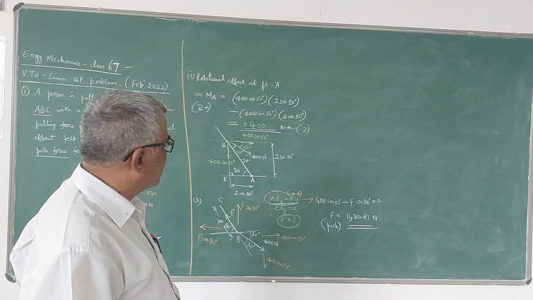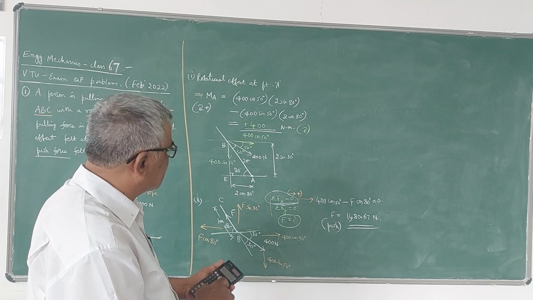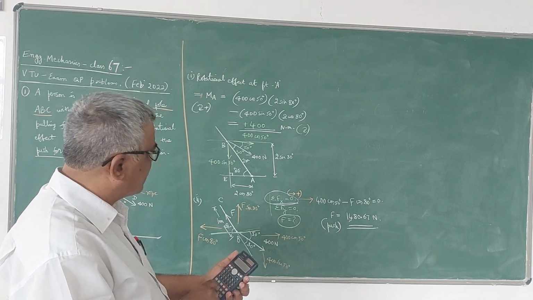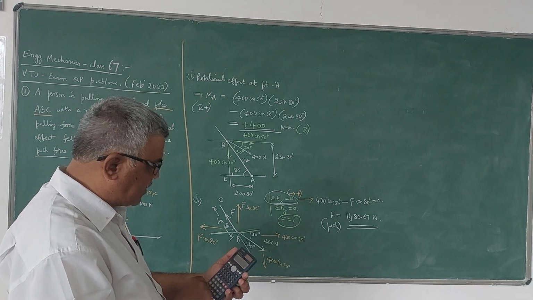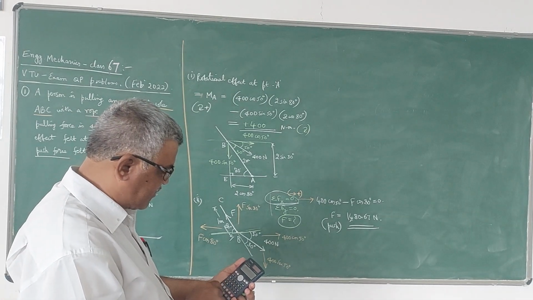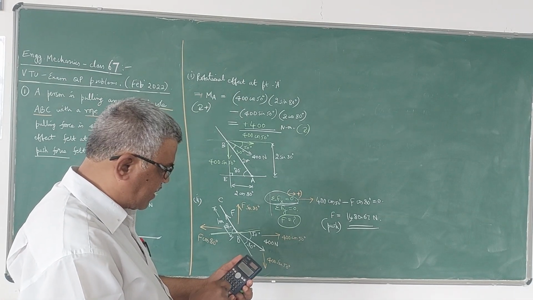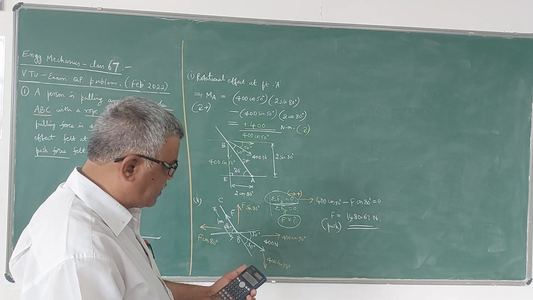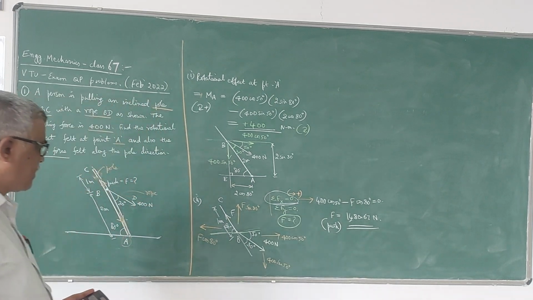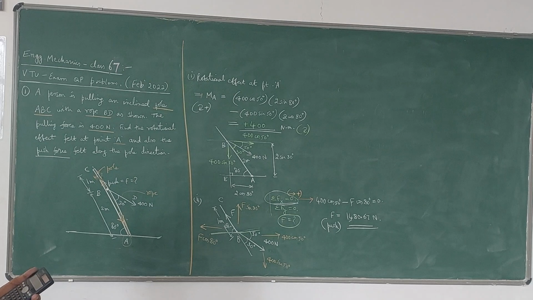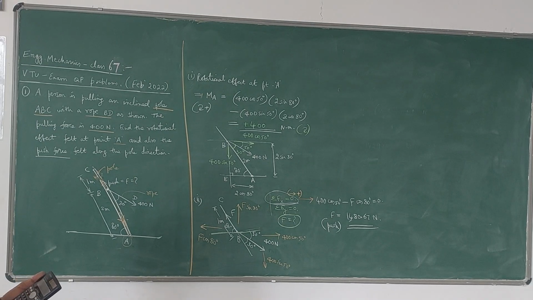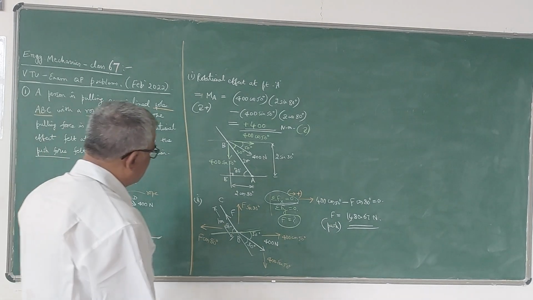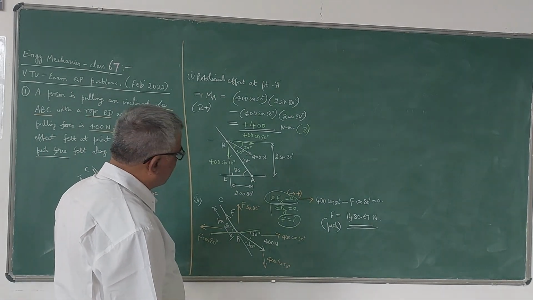Once again I will check: 400 into cos 50 divided by cos 80. Yes, it is 1480. This is how we have to do the problem.